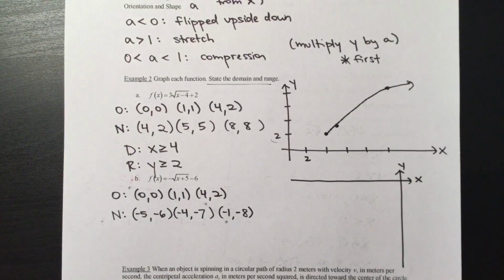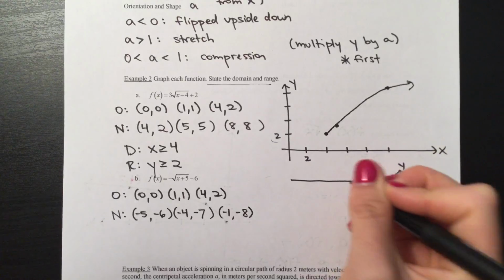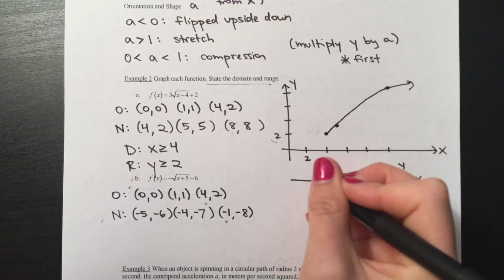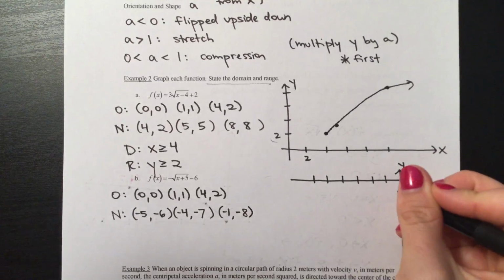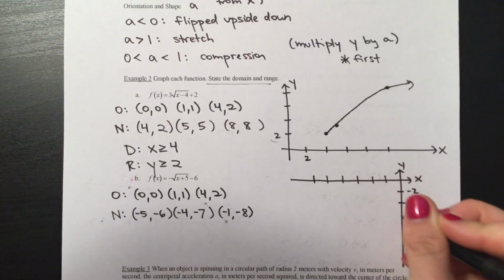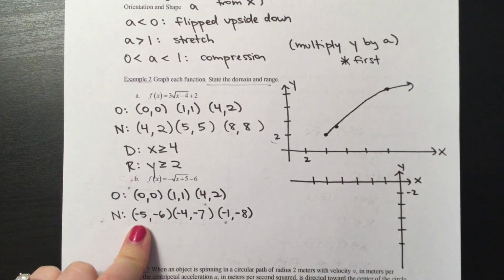Okay, so probably don't need to scale the x-axis, but we need to go all the way down to -8. So let's scale this. So -2. Okay, so we start at the point -5, -6. Remember, that is the starting point, so we won't have anything graphed beyond there.